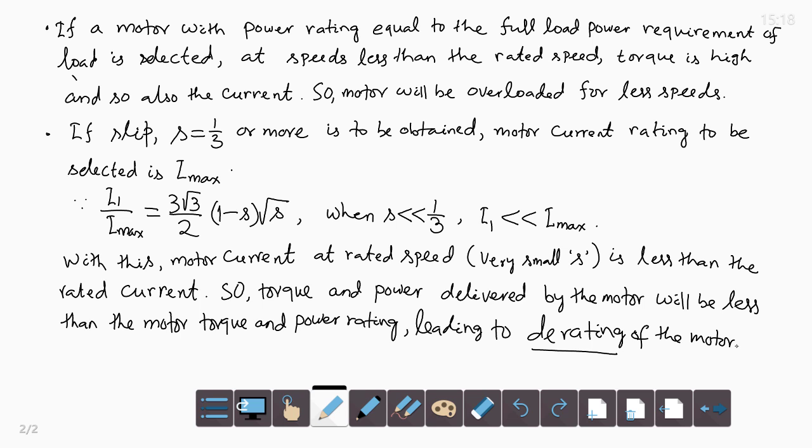So, because motor current is less than the rated current, torque is also less than the rated torque, and so also the power. Torque and power delivered by the motor will be less than the motor torque and power rating. So, this causes derating of the motor. What is that derating?